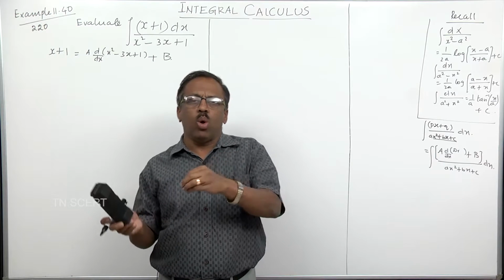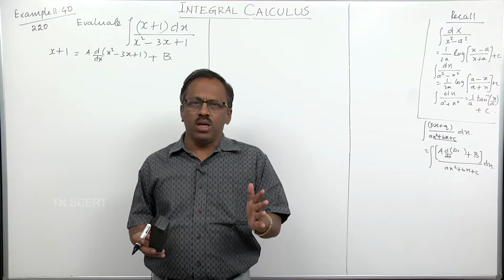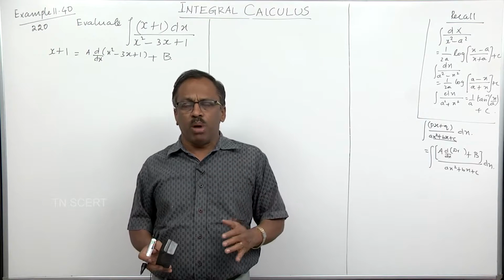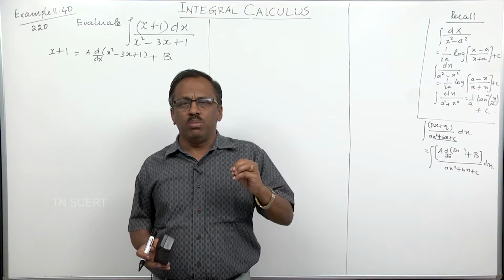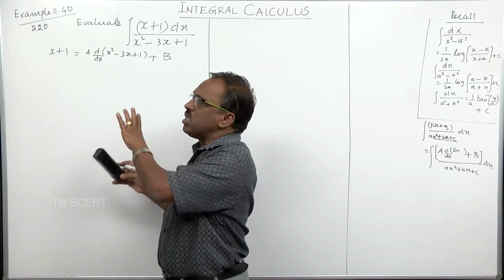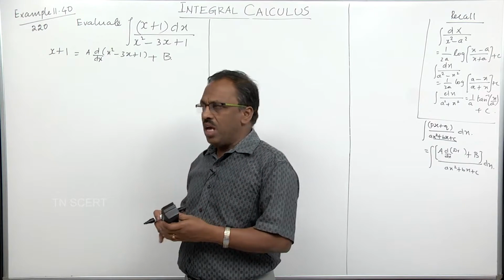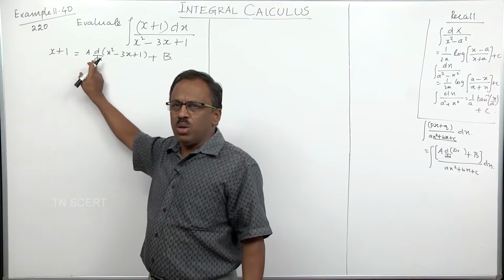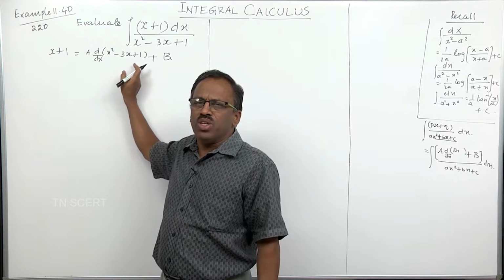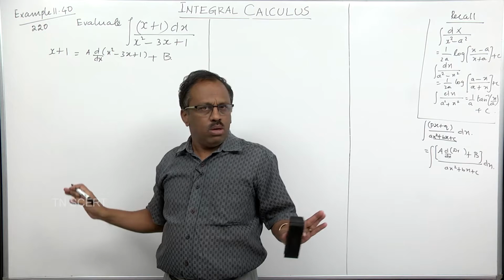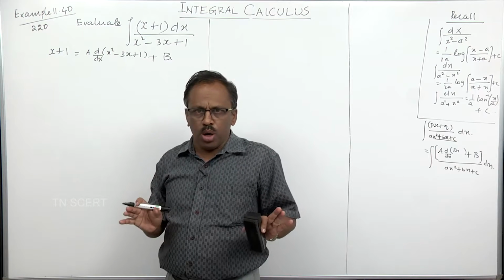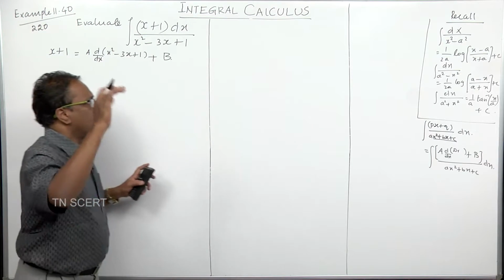If there is a mistake here and there, that is different; by practice you can rectify it. But on seeing this, your mind has to reset like this: numerator equals A times the differentiation of the denominator plus B. You got it or not? In that way you can start.